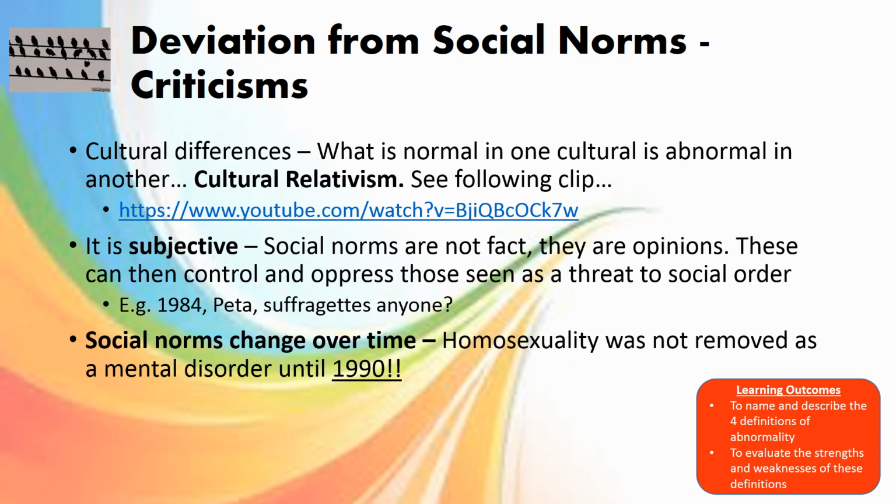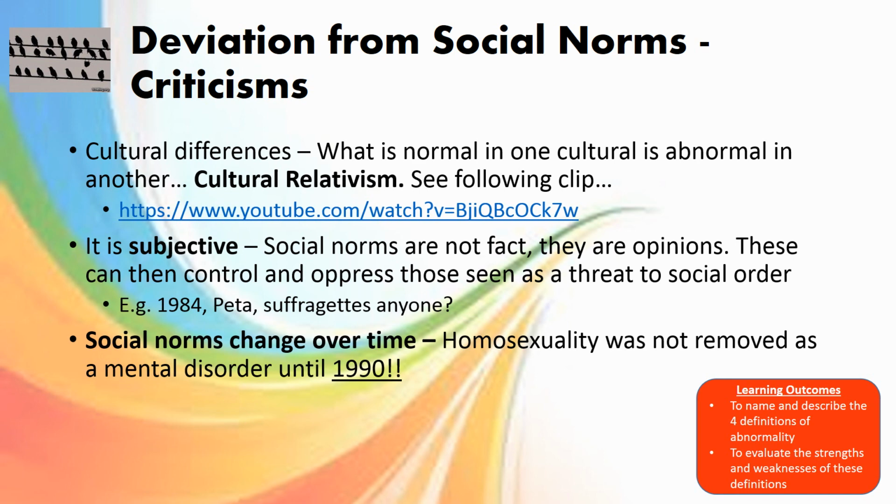They change over time, as I pointed out earlier. So, for example, homosexuality was not removed as a mental disorder until 1990. That is obviously quite shocking to a modern society, but that is a fact. It was not removed from the diagnostic manual of mental health disorders until 1990.